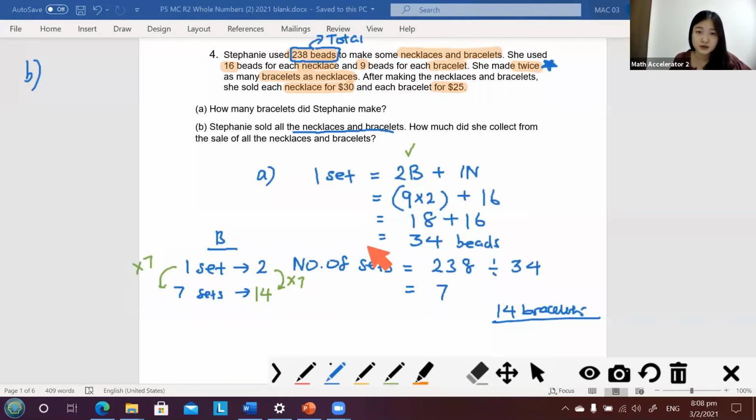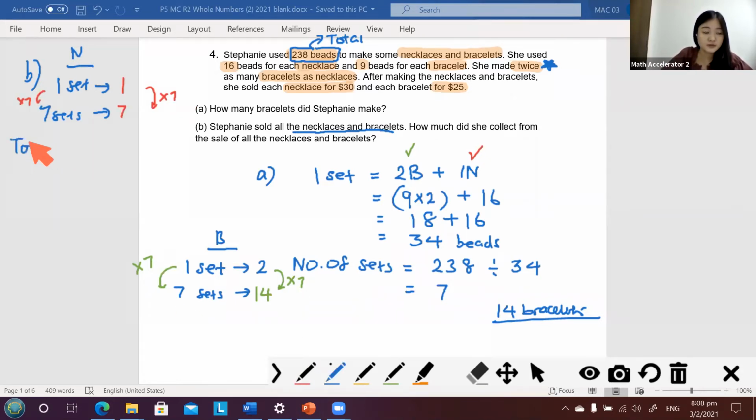There are two ways to do it. The first way, you know the bracelets, there are 14. You can also go and find the number of necklaces. So necklaces, in one set, you have 1. So in 7 sets, you should have 7 necklaces, times 7. So here are 7 necklaces.